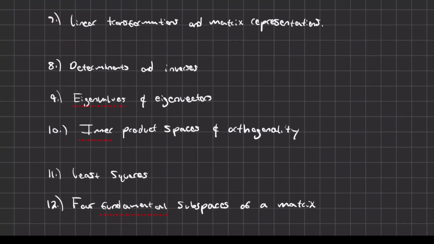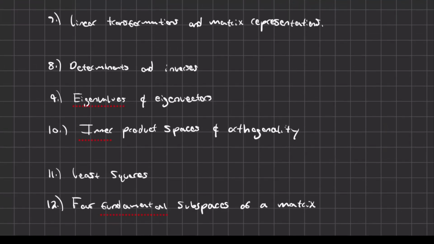I'll then talk about eigenvalues and eigenvectors, again at a basic level, just how to find the characteristic polynomial and solve it. We don't need to talk about spectral representation or anything like that. Then I'll go a little bit over inner product spaces, so the dot product and orthogonality. Inner product, maybe I'll talk about outer product a little bit.